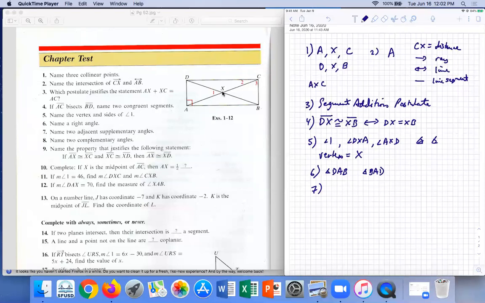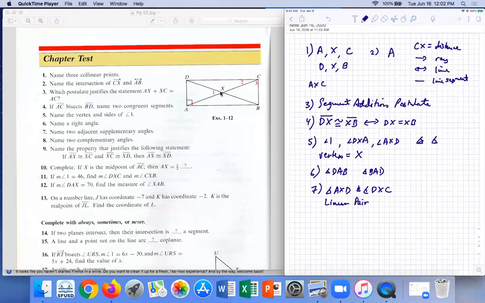So you could say, name 2 adjacent supplementary angles. They're right next to each other. They share a common ray, ray XD. So you can say angle AXD and angle DXC, right? They form a linear pair. Adjacent supplementary angles form a linear pair.